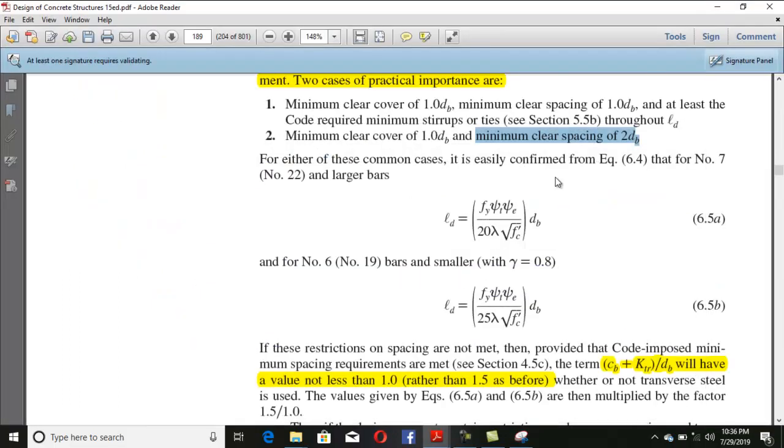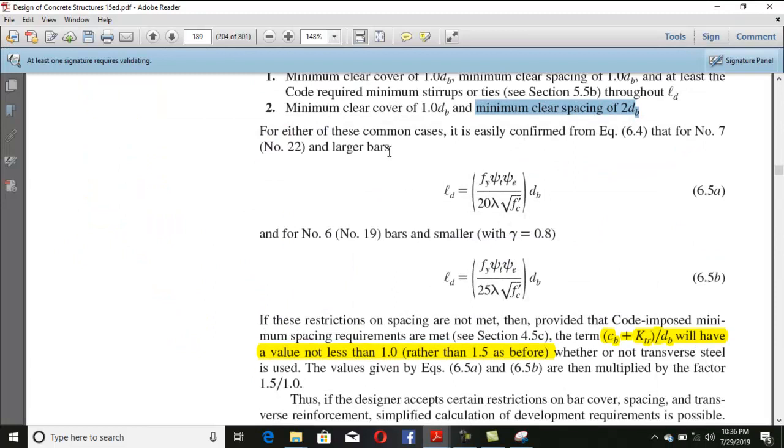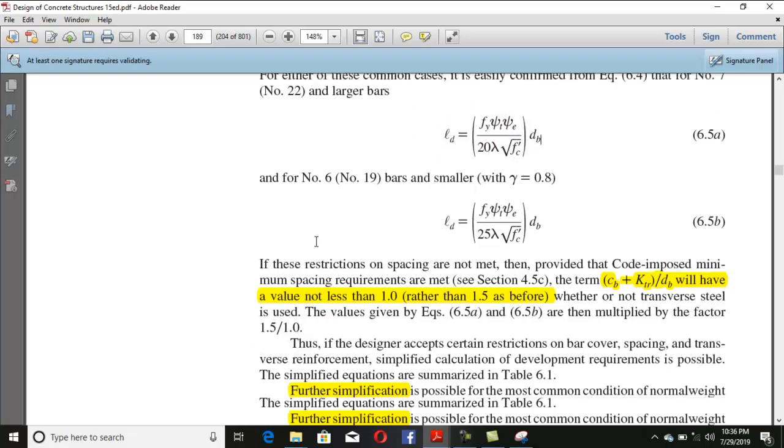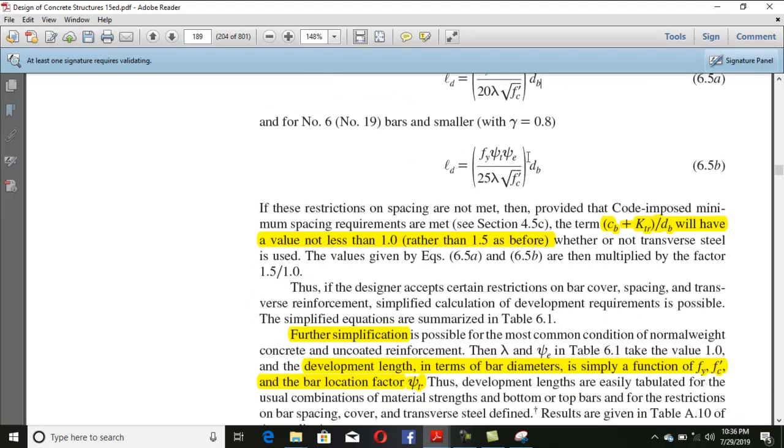For either of these common cases, it is easily confirmed from equation 6.4 that for number 7 and larger bars, LD will be this one. This is simplified, and for number 6 bars and smaller, gamma will be 0.6. In this case, lightweight concrete, this is your final value.